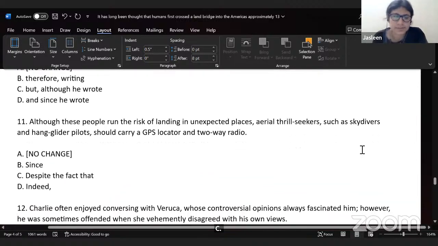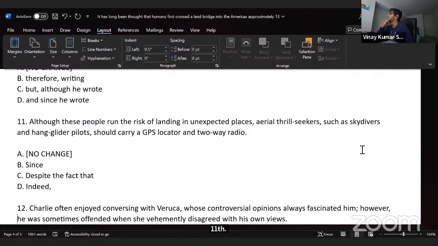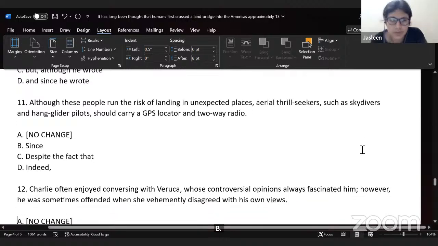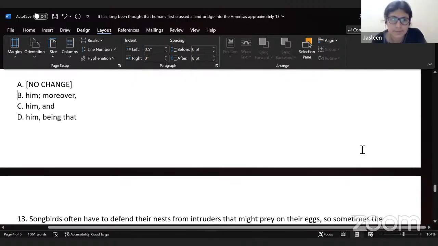11th. Although these people run the risk of landing in unexpected places, aerial thrill seekers such as skydivers and hang glider pilots should carry a GPS locator and two-way radio. B. Perfect. 12th.